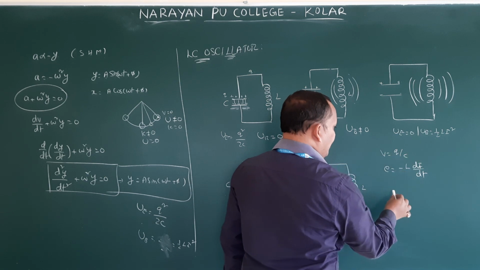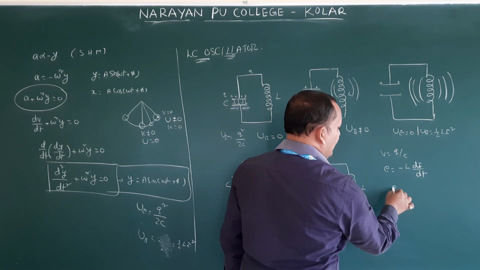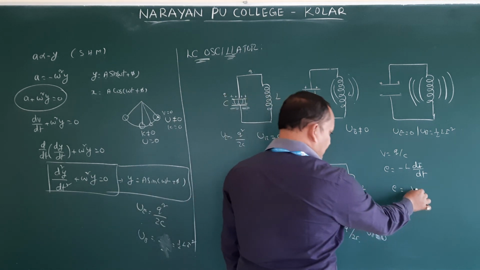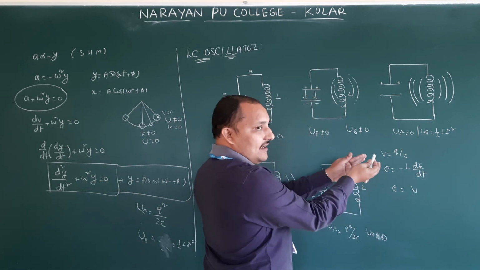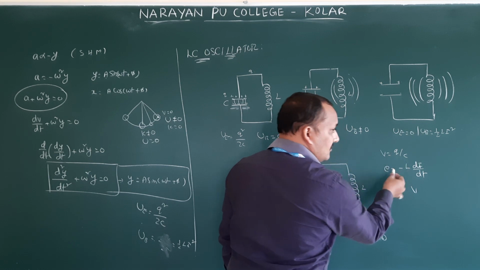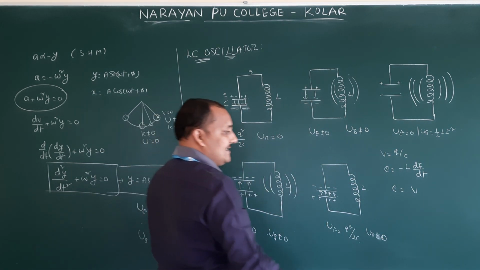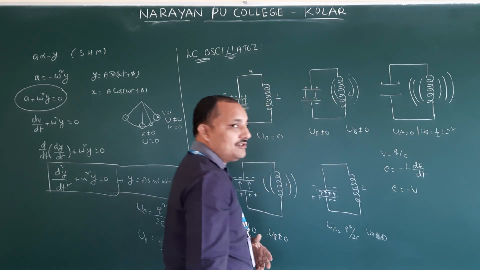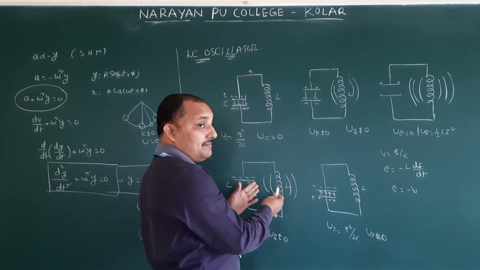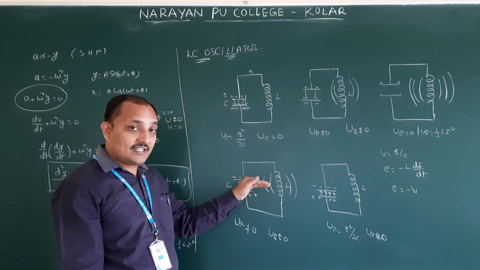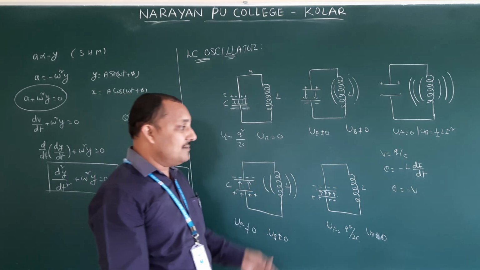So if you write this equation, E is equal to V. Both are connected in parallel, therefore the potential is the same, but this is going to give the opposite. The magnetic energy developing within the inductor is going to oppose the current. Already you came to know.